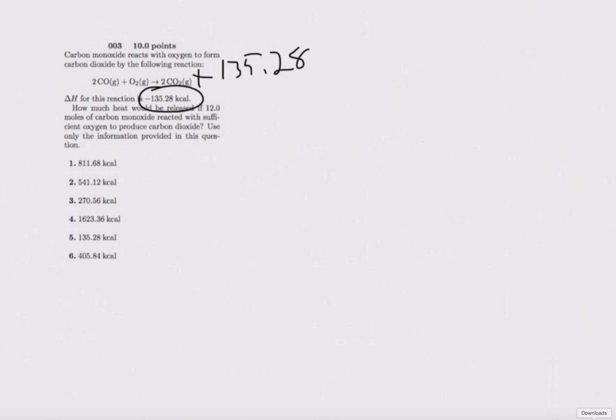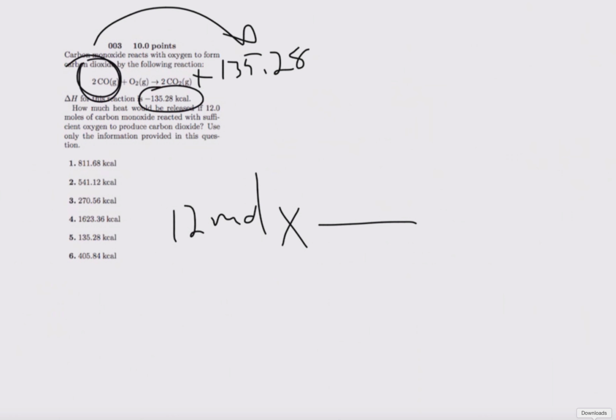135.28 kilocalories over here. So if we are given 12 moles of CO, how much energy would be produced? Well, for the reaction to take place, it takes 2 moles of carbon monoxide to yield 2 moles of CO2 and 135.28 kilocalories.